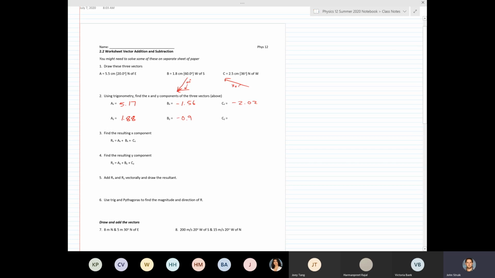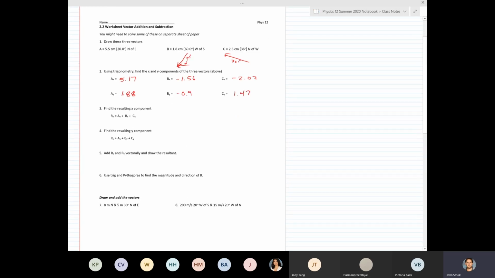Yeah, that makes sense. 2.5 sine 36 is 1.47. Okay. So then you can just add all those together: 5.17 minus 1.56 minus 2.02. So for number 3, it's 1.59.